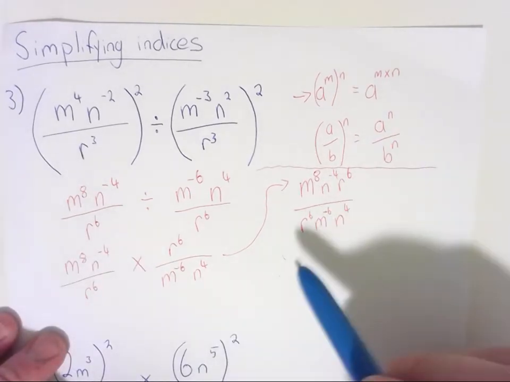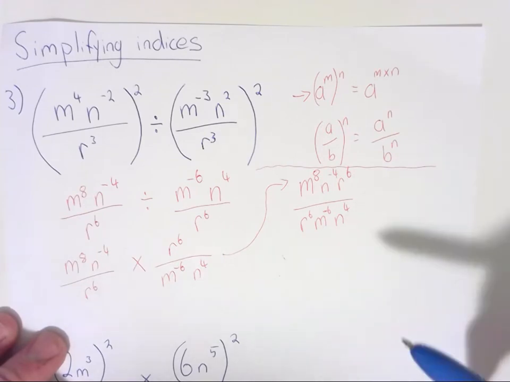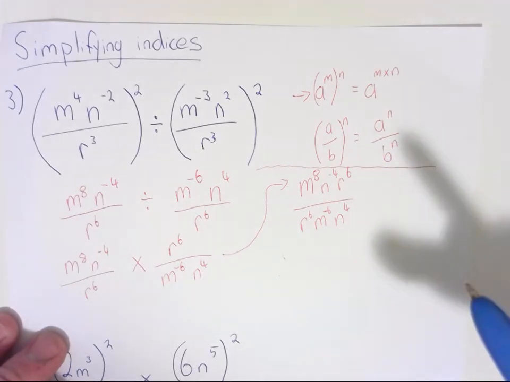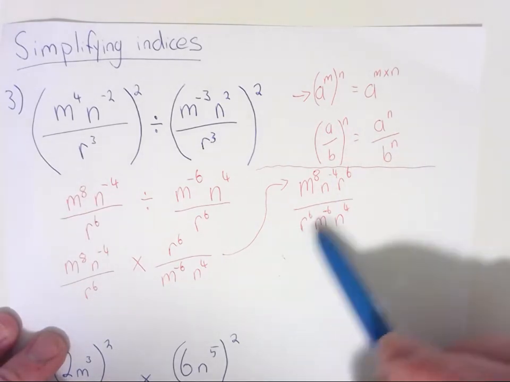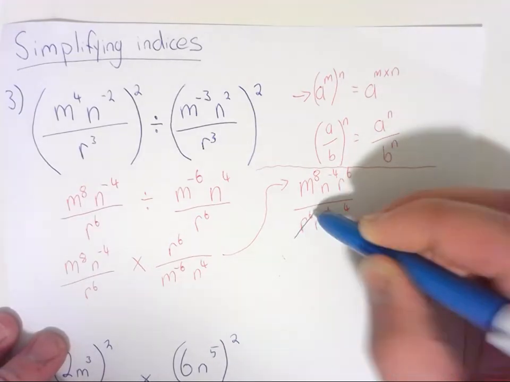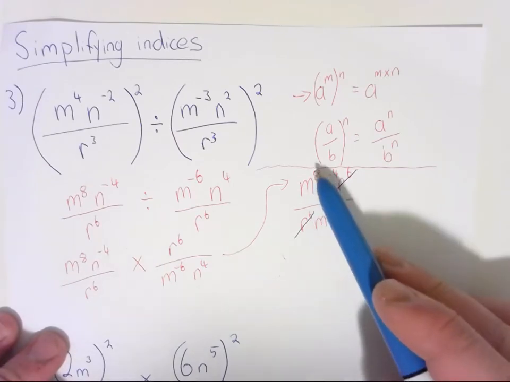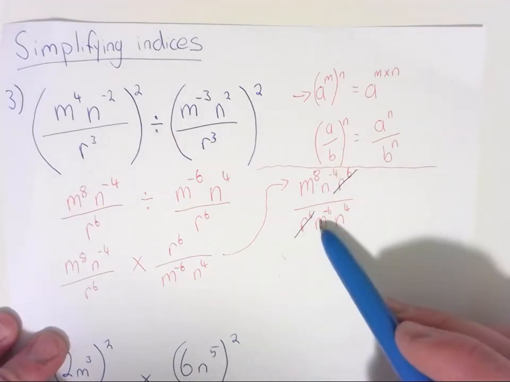And now we just need to go through and simplify some things and cancel them out. So I'm going to use a different color to make it a bit clearer. I have an r to the 6 here, I have an r to the 6 here. They are both exactly the same, so I can just get rid of them and cancel them. I then look at my m to the 8 here and m to the negative 6.